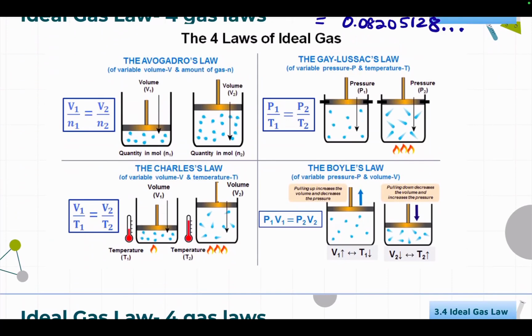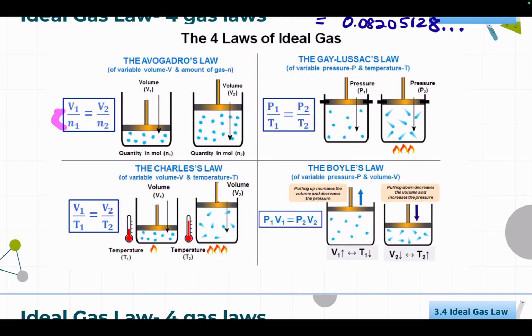The ideal gas law incorporates all of the gas laws. You can look over these slides and see the relationship. If the other variables are constant, there's a direct proportion between number of moles and volume, which is Avogadro's law. Temperature and pressure are directly related, which is Gay-Lussac's law. Charles's law relates volume and temperature: as the temperature increases, if the container can, it will expand.